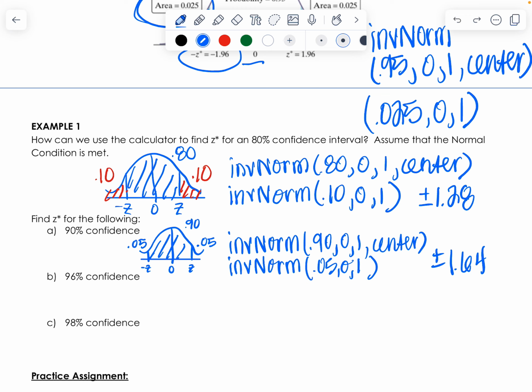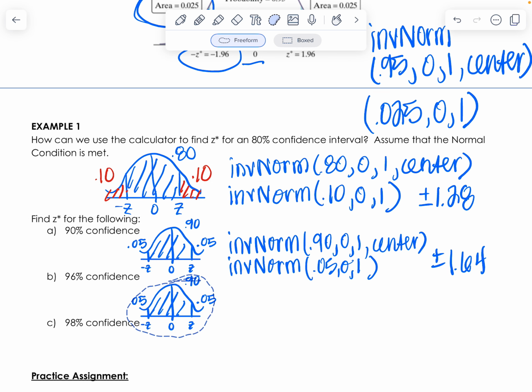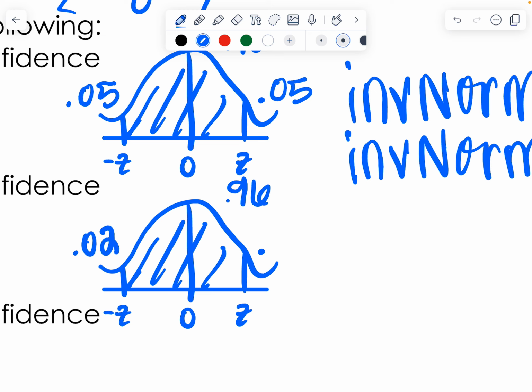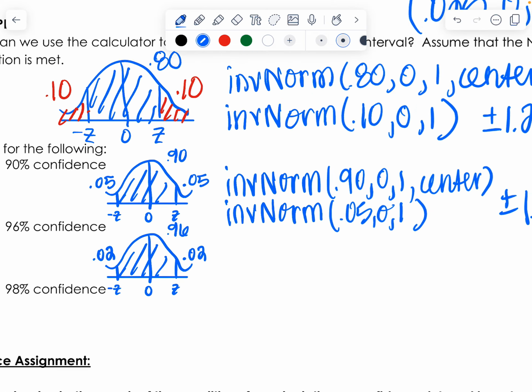I'm actually just going to cut and paste this one I already drew. And so I'm going to make that not 90. Instead, it'll be 96. Okay, so if 96% is in the middle, then 4% is not included, divided amongst my two sides, 0.02 and 0.02.